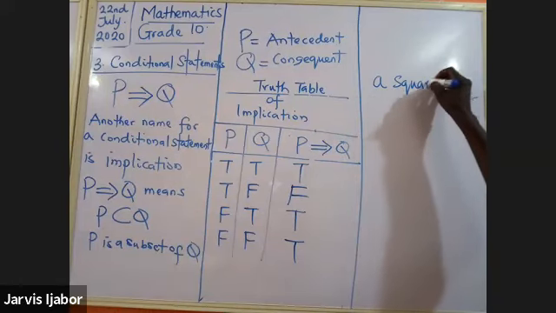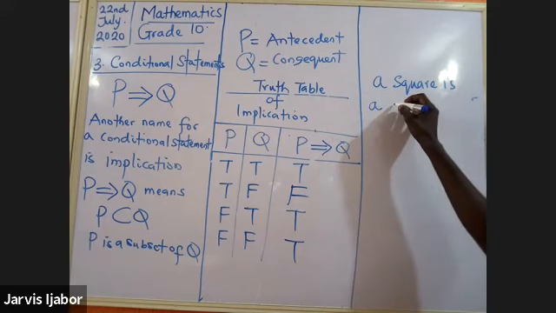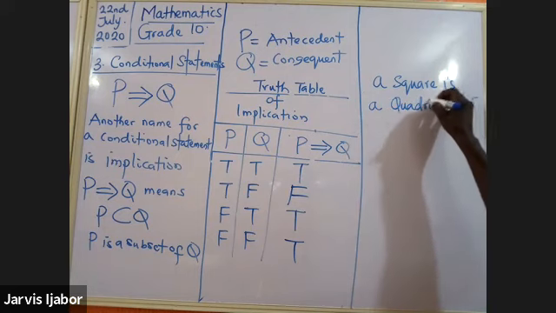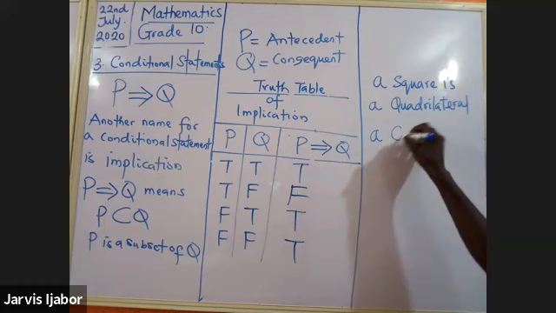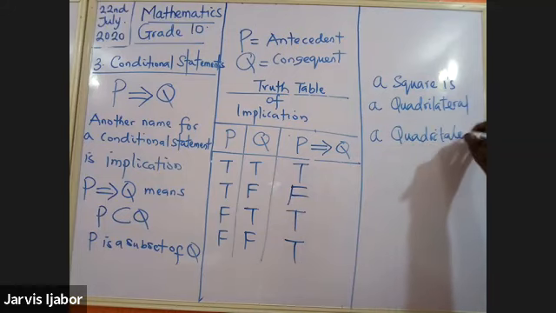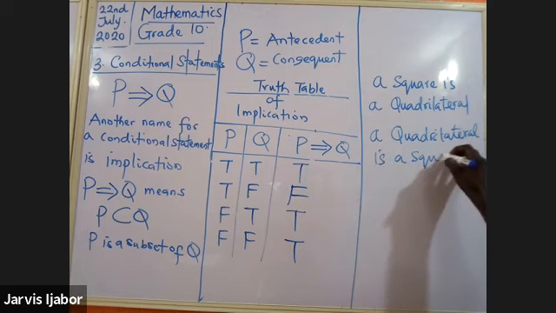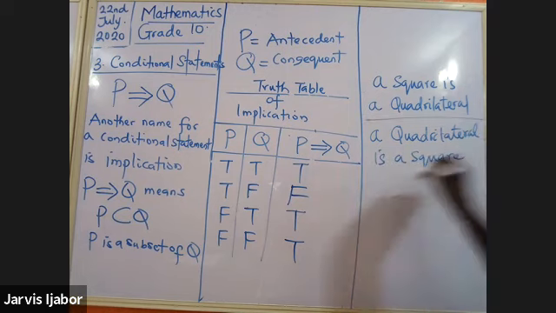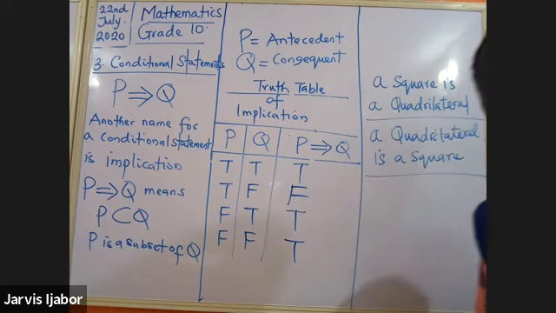A square is a quadrilateral. We know that a quadrilateral is a square. Which of them is correct? 1 or 2? And why?